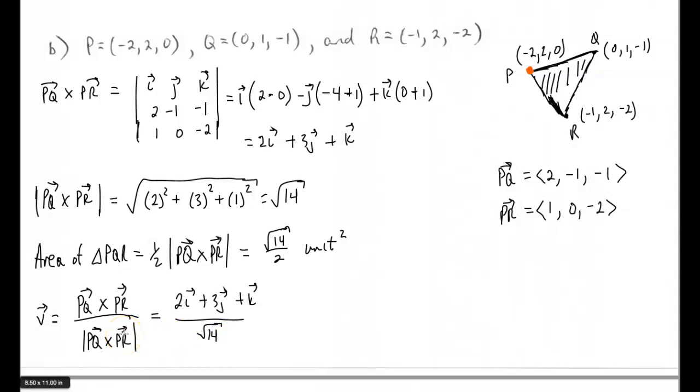Okay. All right, so here this will be 2 divided by square root of 14 in the I direction, plus 3 over square root of 14 in the J direction, plus 1 over square root of 14 in the K direction. And I could work on simplifying this a little bit more.